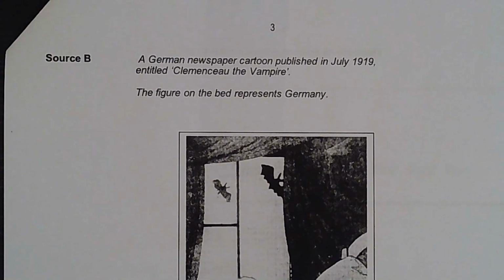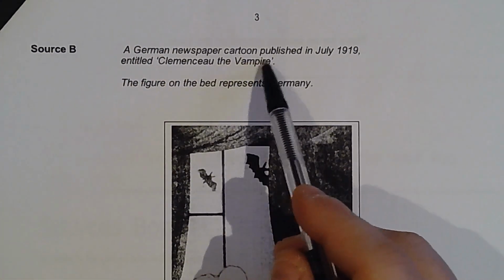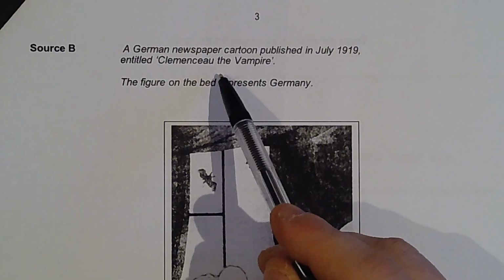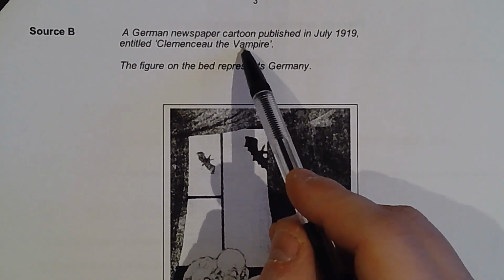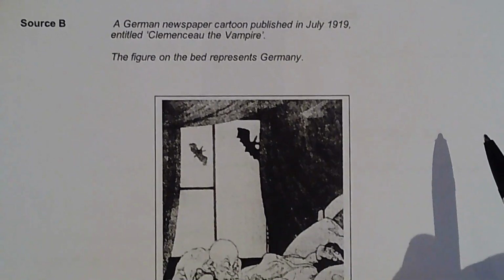So with sources B and C, you need to first of all just read through both of them. And remember, all of it is sources B and C. So source B says it's a German newspaper cartoon published in July 1919 entitled Clemenceau the Vampire. The figure on the bed represents Germany.